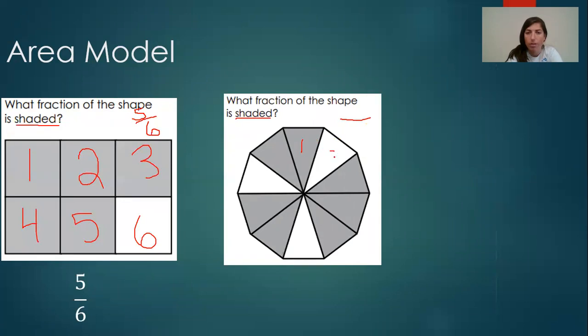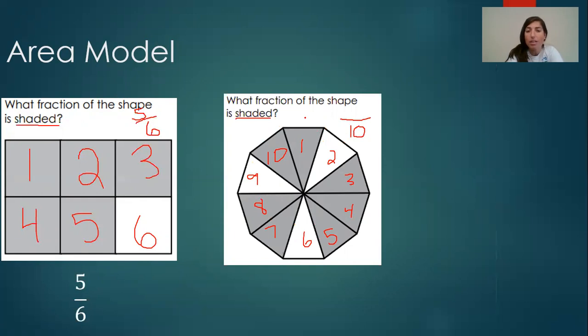So I have 1, 2, 3, 4, 5, 6, 7, 8, 9, 10. Okay, so remember, 10 is the total number of pieces in this shape. 10 is going to be my denominator.